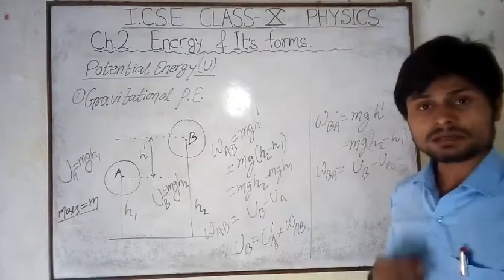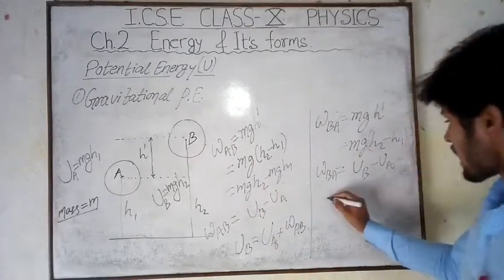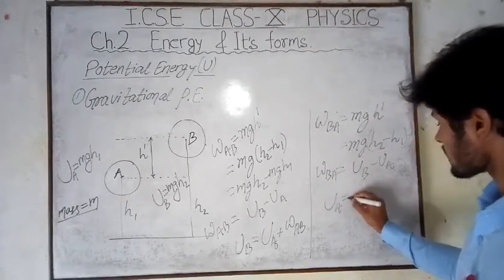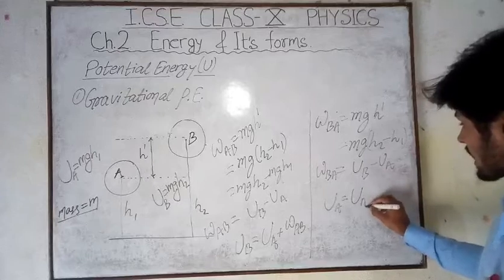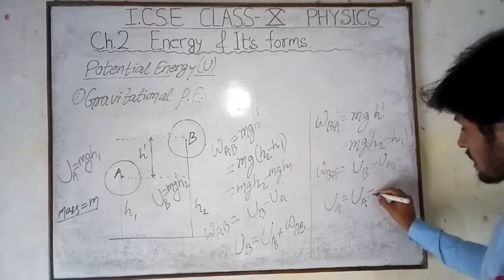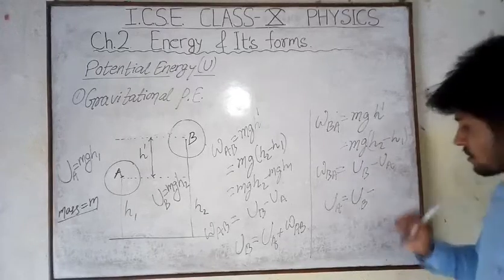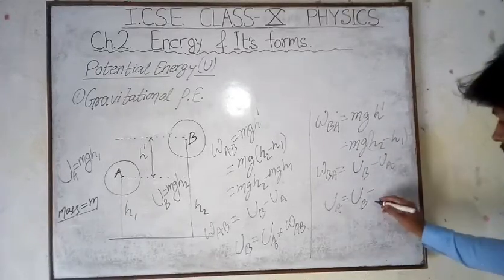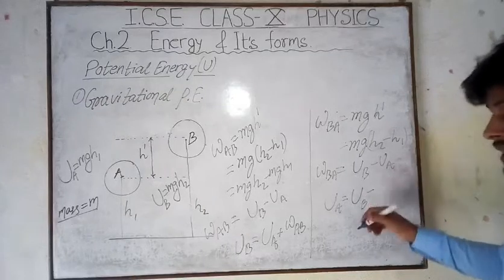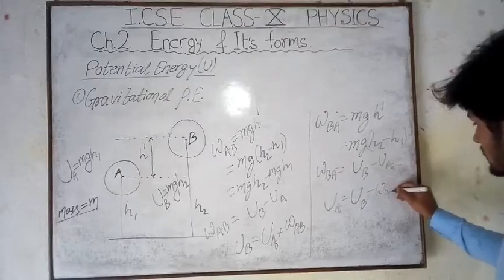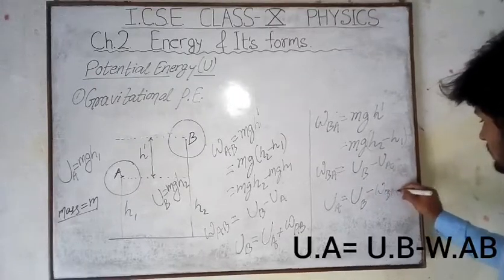It loses some potential energy. Initially it is at UB and it falls down to point A, where it has the potential energy UA. After it did some work, this work done is subtracted from B to A.